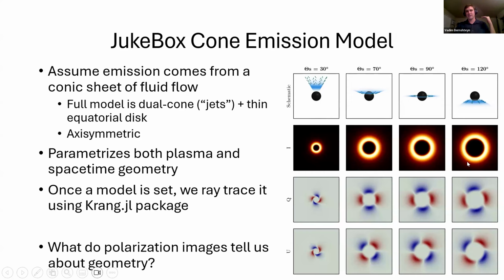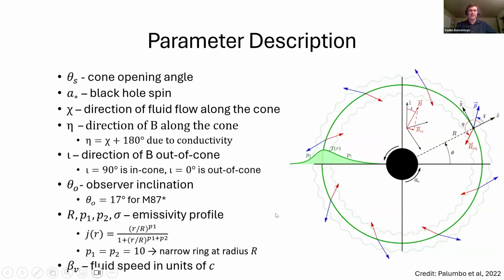And these are the intensity images which we get for n equals 0 and the polarized signals. And we are really interested in the polarized signal. It has not been explored before for this cone model. And we want to see, by looking at these polarized images, if we can infer something about the geometry.